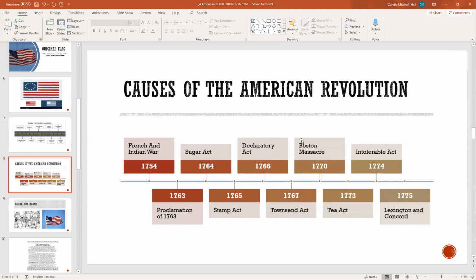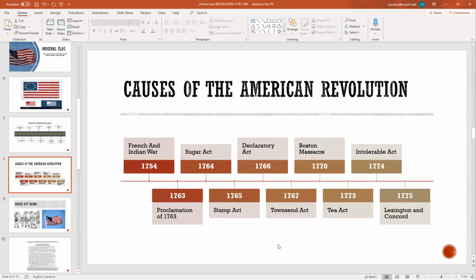Then you had the Boston Massacre in 1770, the Tea Party Act of 1773, and you also had the Intolerable Act of 1774 and the Lexington and Concord of 1775.